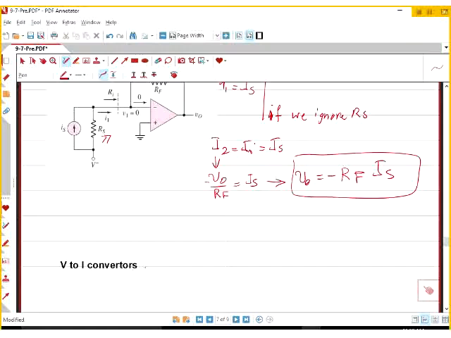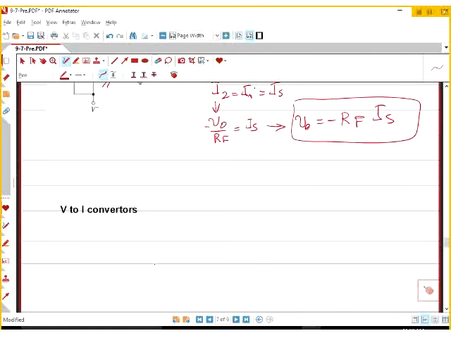Another application is voltage to current converters. This has been useful to read the voltage using the analog multimeters. So an analog multimeter basically works with this. Why? When you're measuring the voltage, you are seeing an arrow moving.